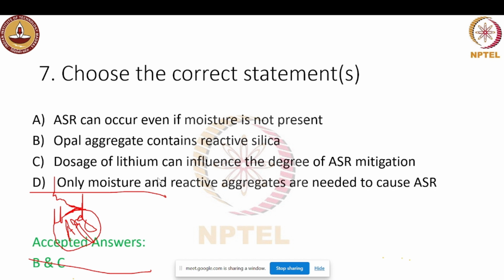And third, lithium can influence the degree of ASR mitigation. If lithium is present in the concrete, there are chances that it will react with the alkali content and prevent the ASR reaction, because the lithium will react with the alkali present in the concrete. Okay. Go to the next question then.